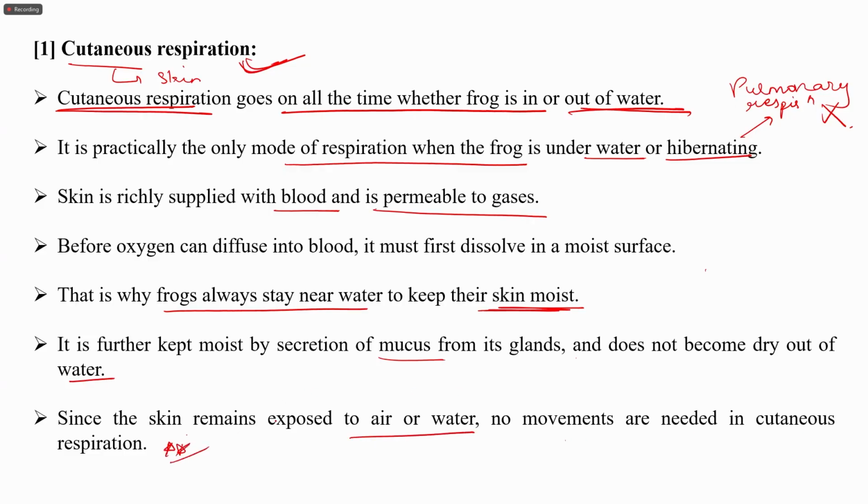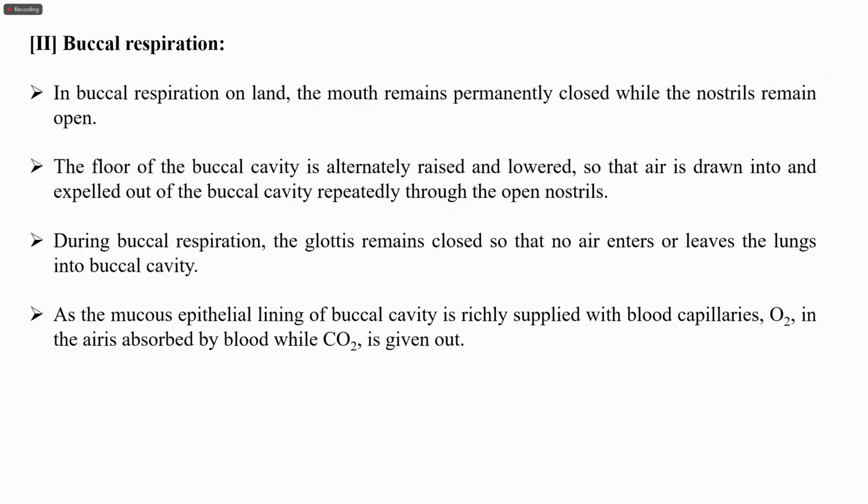Therefore, no muscles, which are very important for the pulmonary respiration, are needed for the movement. The second is buccal respiration. So buccal respiration happens on the land because for this the frog needs to open or close its mouth. So the mouth remains permanently closed while the nostrils remain open.